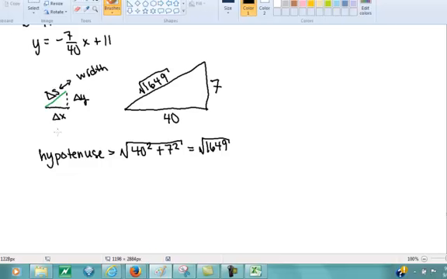So delta s over delta x is in the same ratio as, so that was hypotenuse over the horizontal side, it's going to be the same ratio as this: hypotenuse, square root of 1649, over the horizontal side, which is 40. And then to solve for delta s, which was the width of the strip, we'll just multiply both sides by delta x.